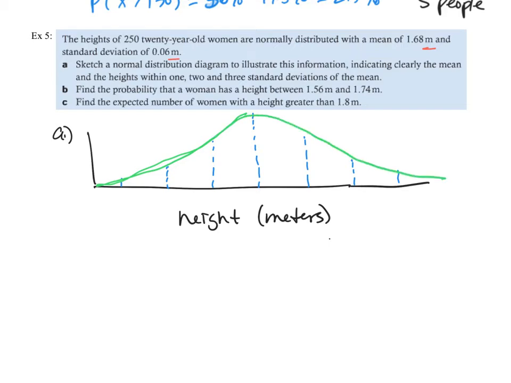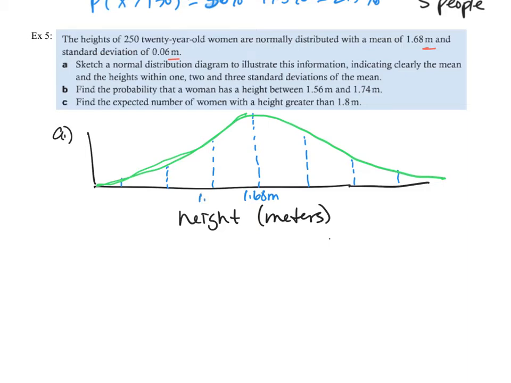Remember our mean was 1.6 meters, so let's label that. Oops, it's 1.68 meters. If we go 1 standard deviation below the mean, our standard deviation is 0.06, so I'm going to take 1.68 and subtract 0.06, and that gives me 1.62.